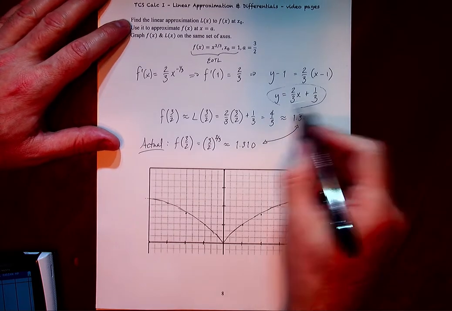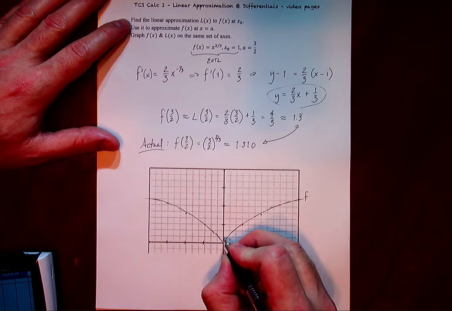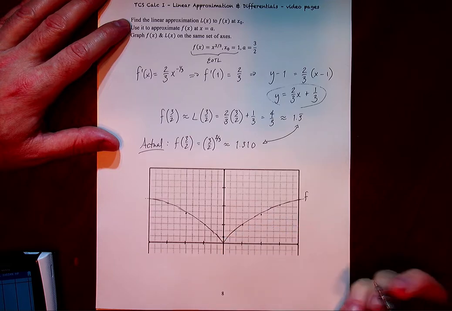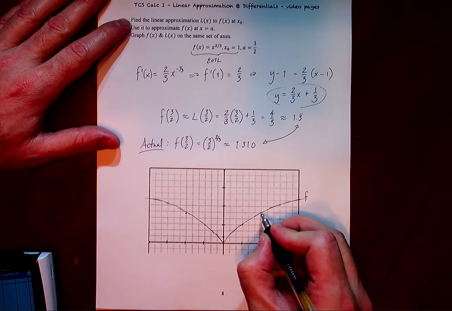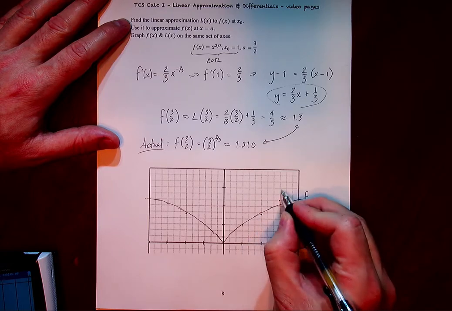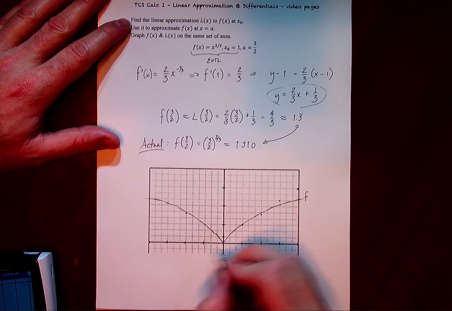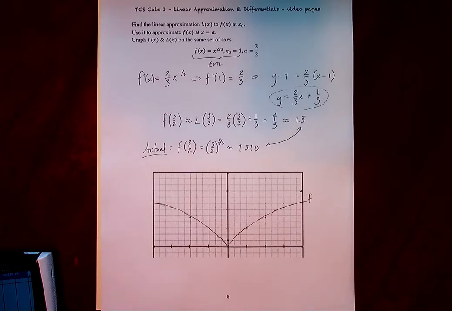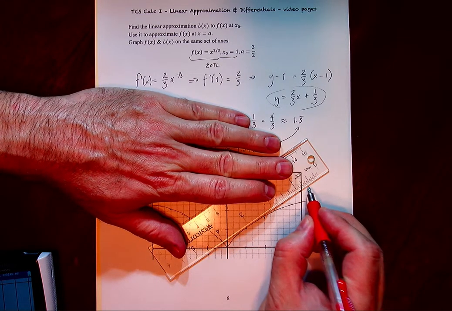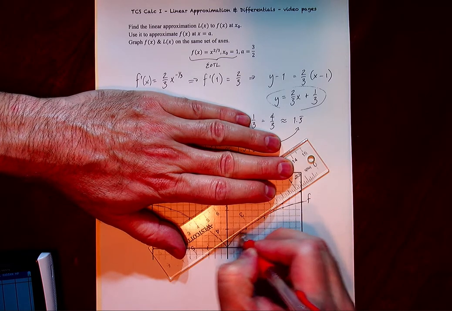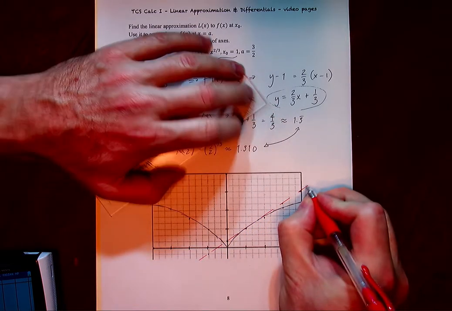Now, 2/3 x plus 1/3, we get 1/3 is your y-intercept, and then up 2 over 3, up 2 over 3, up 2 over 3, up 2 over 3, down 2 over 3, and I'm going to use a different color again. And here is your linearization.